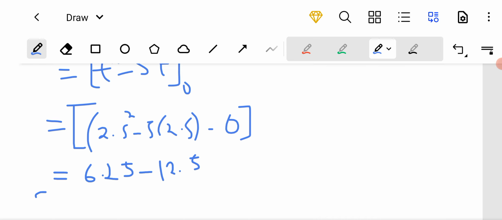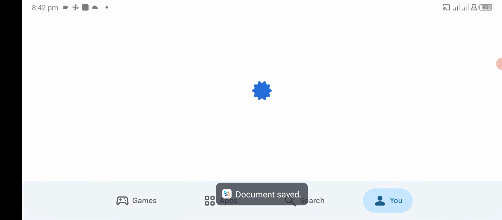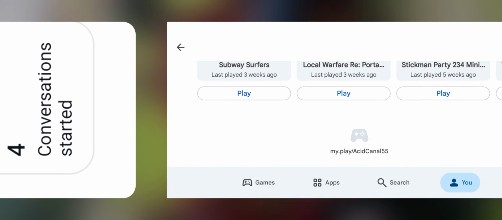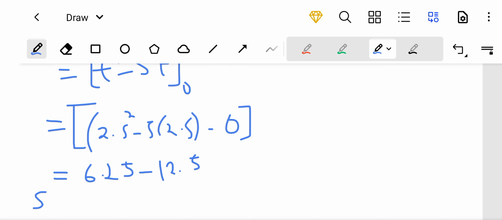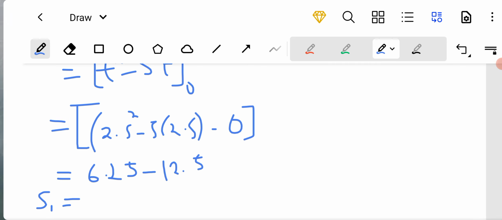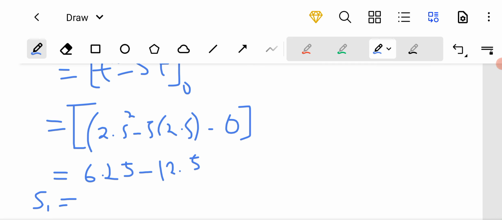Sorry, S1 is equal to a negative, following the sign of the bigger number, negative 6.25 meters. So that was our S1, negative 6.25 meters.